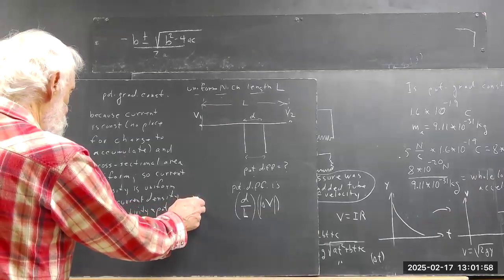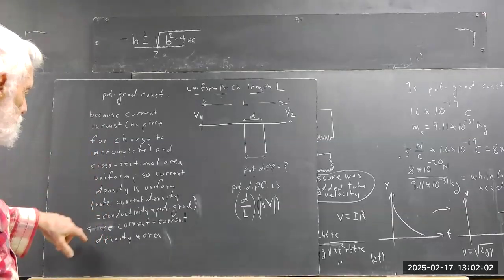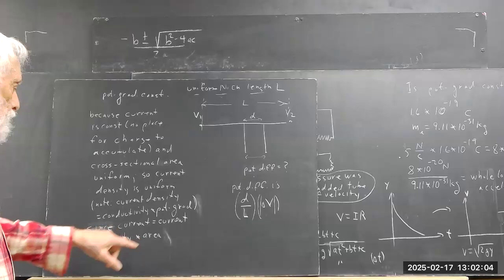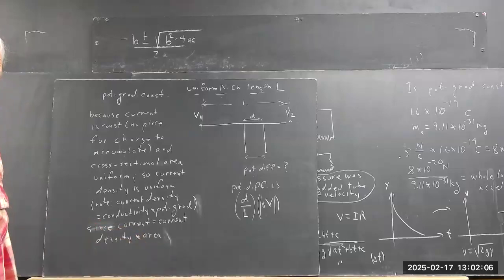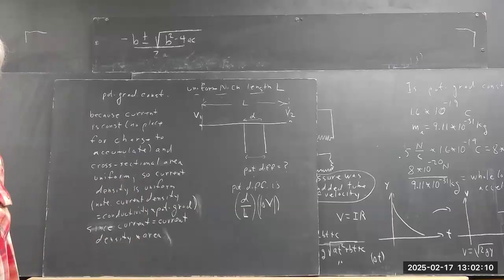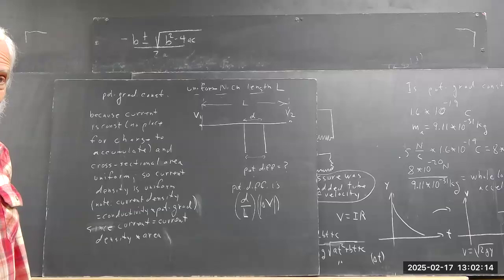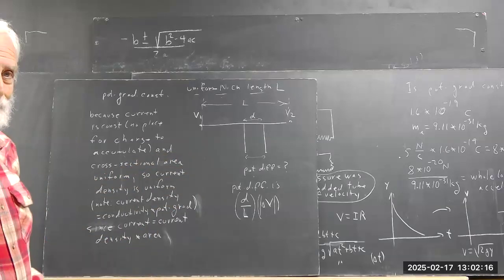This is a parenthetical comment, but then the current density is uniform since the current equals current density times area. Okay, and the area is constant. So there's a tight argument there. It's expressed maybe a little bit loosely.